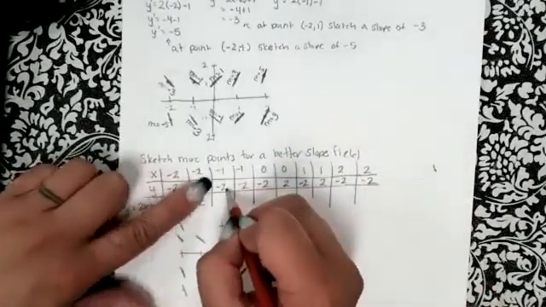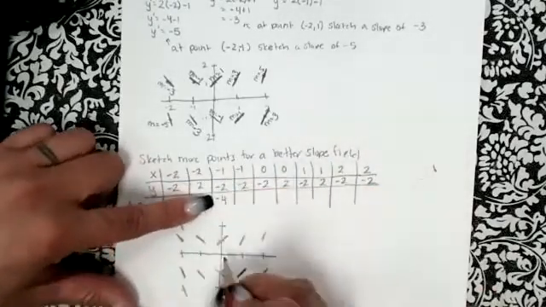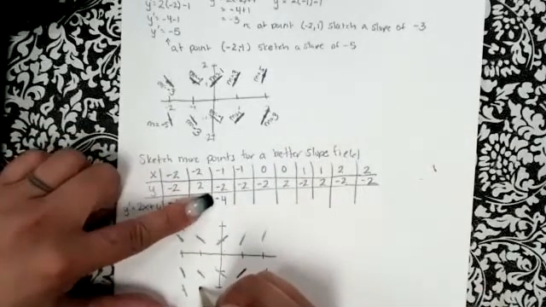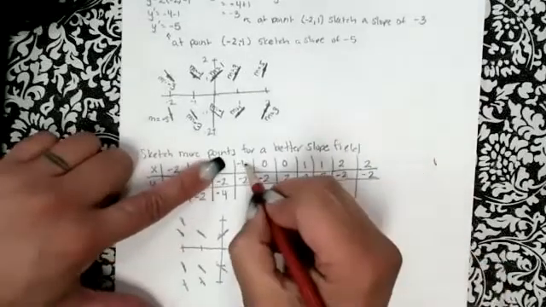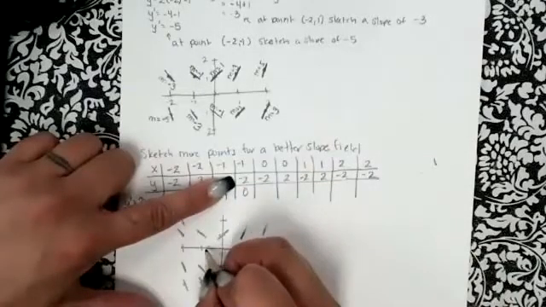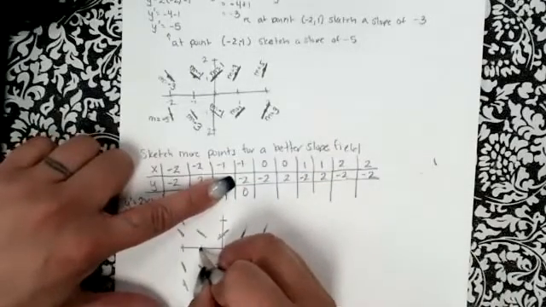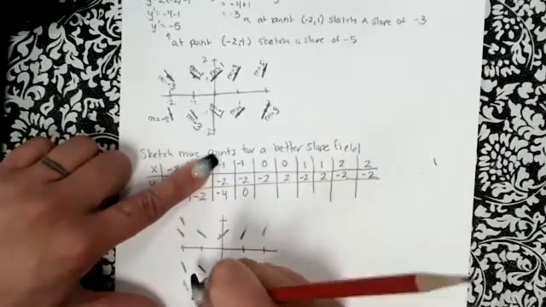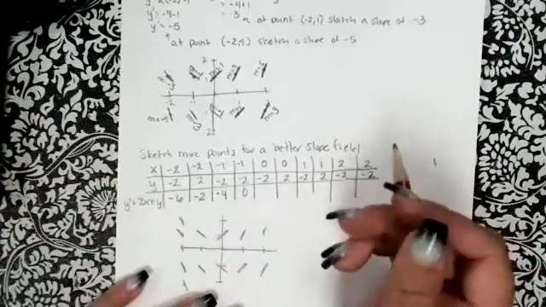And then when I plug in negative 1, negative 2, that's going to be a negative 4. So that'd be like a down 4 over 1. Oh, wait.